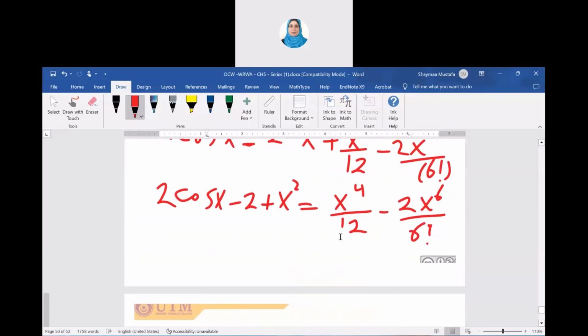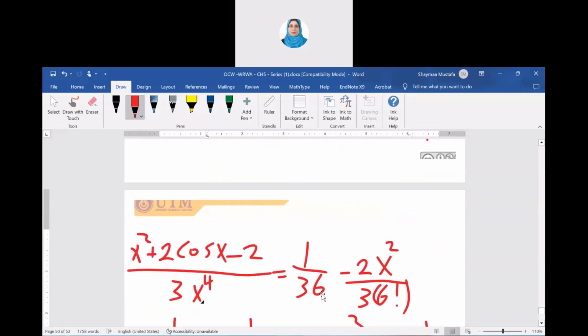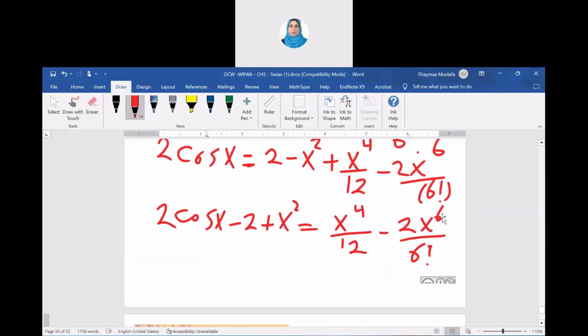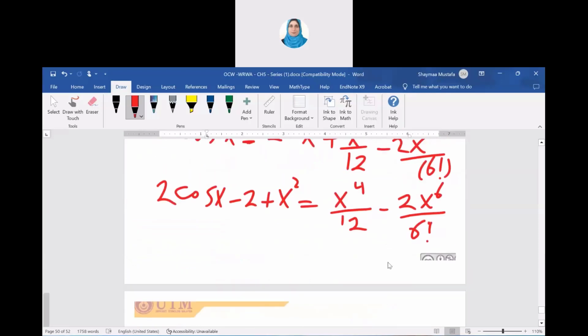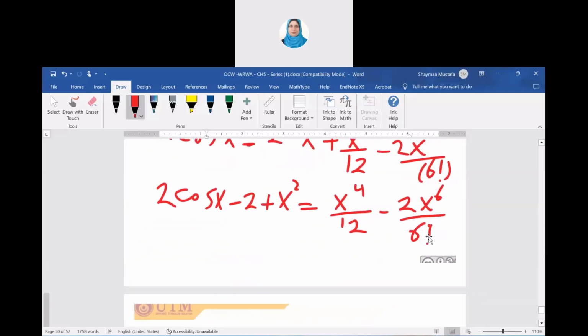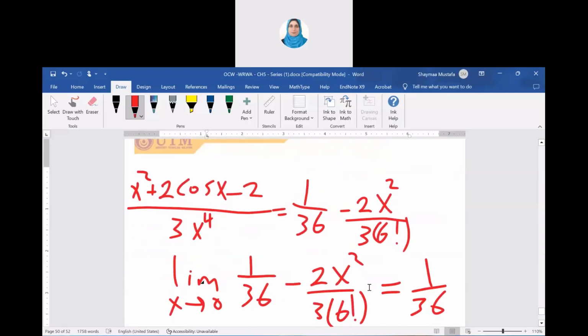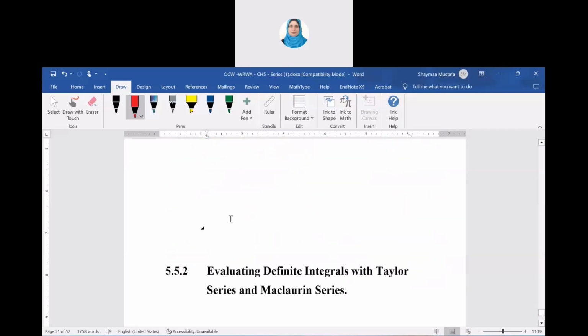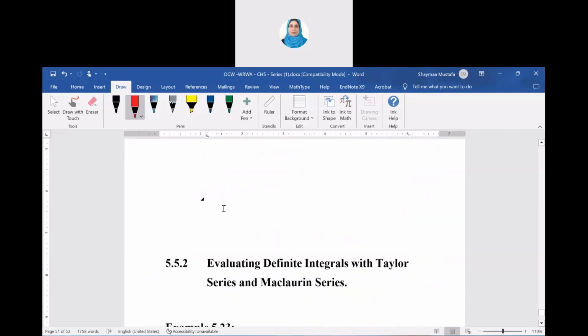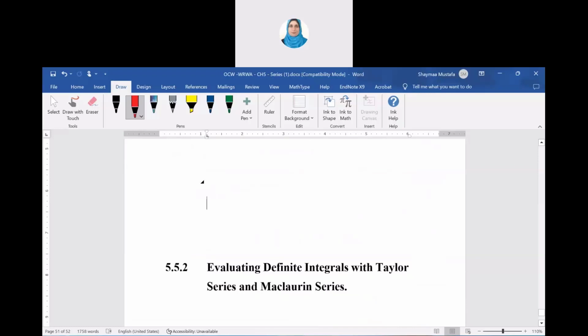The x to the power 4 will be cancelled, so you have 3 times 12, 36. The other term becomes x squared minus 2 over 6 factorial multiplied by 3. When you take the limit as x goes to 0, this term goes to 0. So you have only 1 over 36. This is the limit.